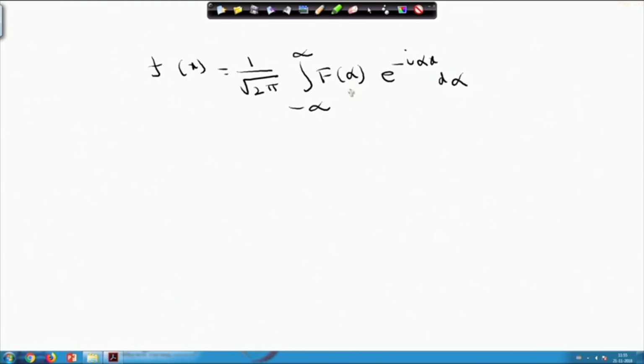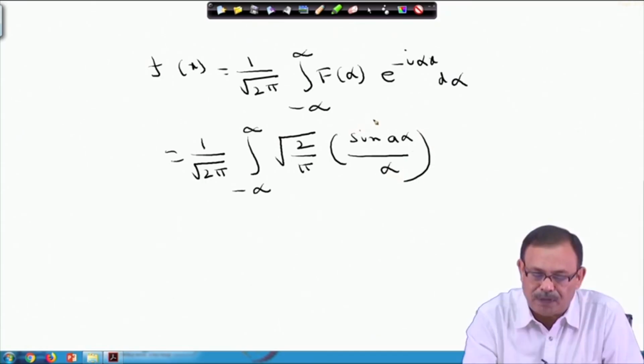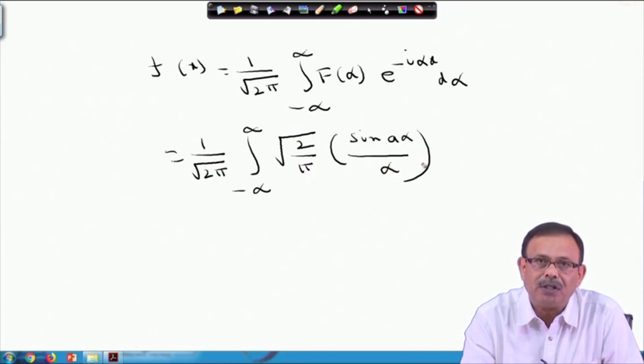Now, already we know the Fourier transform of the function. So, if you substitute that, you will obtain 1 by root over 2 pi, integral from minus infinity to infinity of root over 2 by pi into sin a alpha by alpha, because the value of F(alpha), the Fourier transform of the function, is root over 2 by pi sin a alpha by alpha, which we got just now.